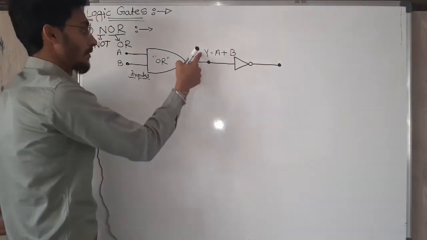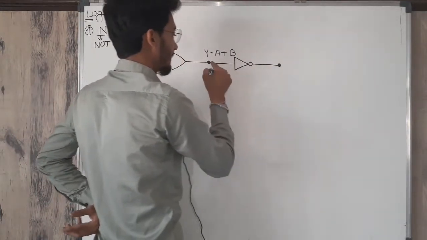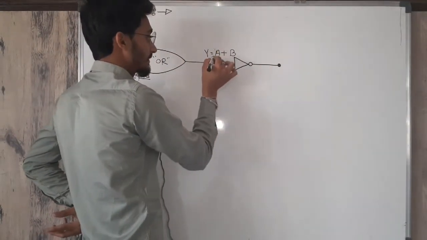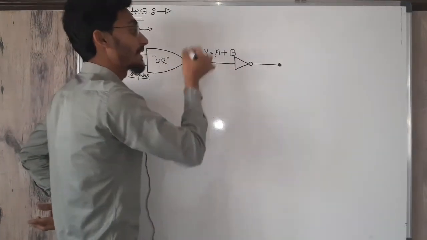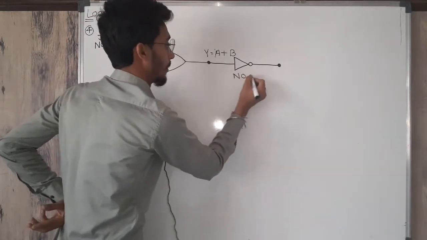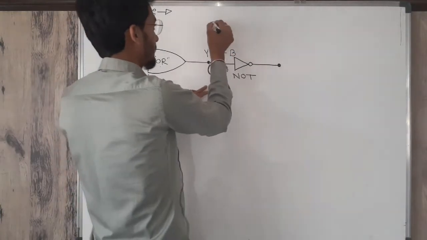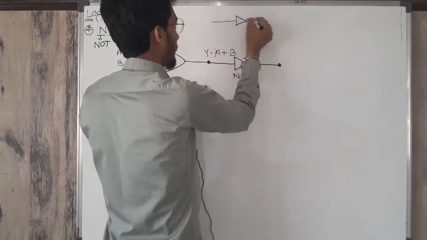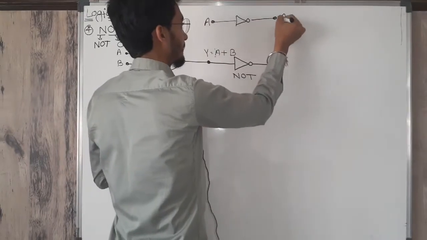The output from the OR gate goes to the NOT gate, and the final output is from the NOT gate. So this output of the OR gate becomes the input for the NOT gate. And you can see the property of the NOT gate: if A is the input, then the output is A bar.